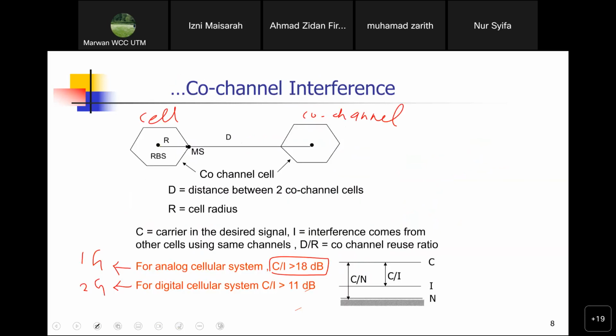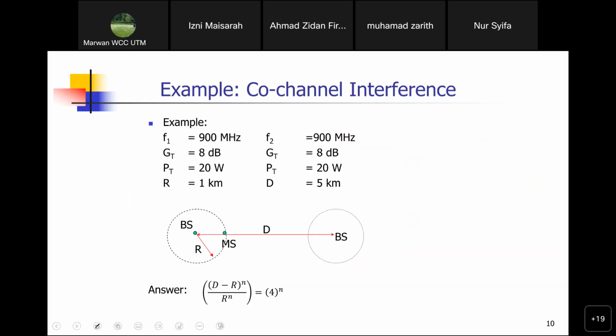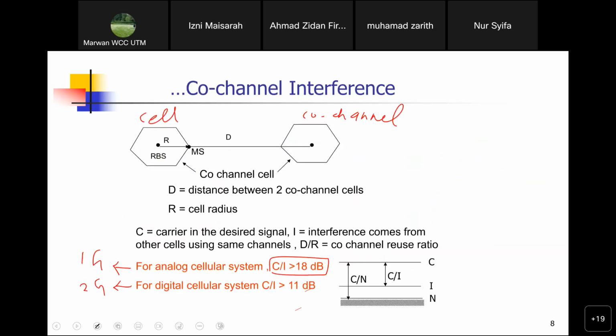So if you want C over I, let's try to evaluate this configuration. How can we get the C over I? Let's say our mobile system is at the cell border.